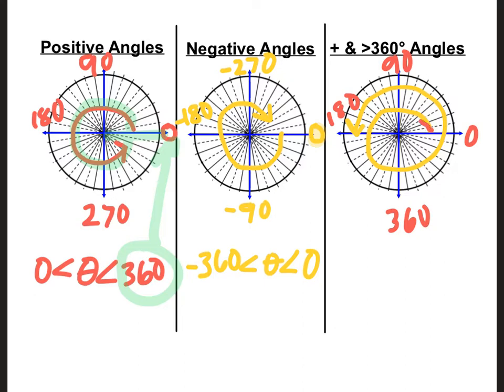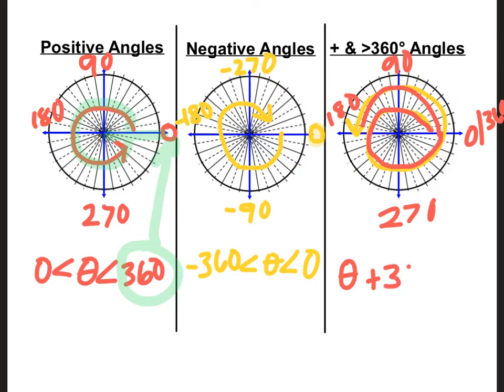Now, because it starts this way, when I hit my 0 line again, I'm at 360, and it goes around. So my number will be bigger than 360 because remember this is 0/360. To find this angle, you can take your theta and then you're going to add to it 360.